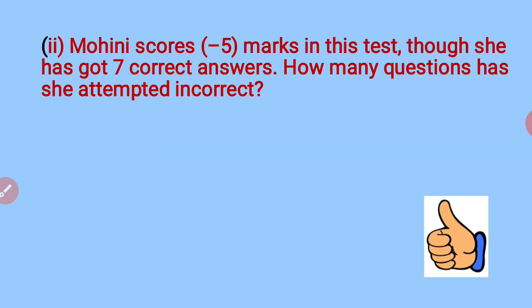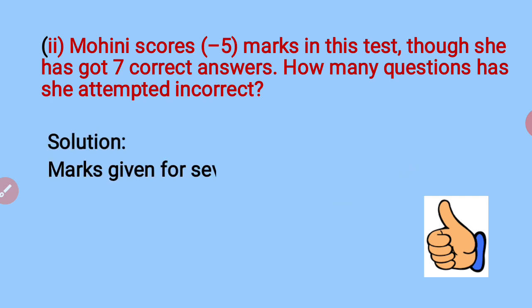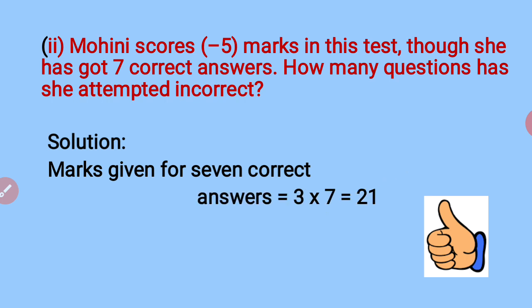This is Mohini, who has scored -5 marks in the test, though she has got 7 correct answers. We are supposed to find out the number of incorrect answers she has attempted. So now again, marks given for 7 correct answers will be 3 multiplied by 7, that is 21. 3 is being multiplied because for every correct answer, +3 mark is awarded, and she has got 7 correct answers.